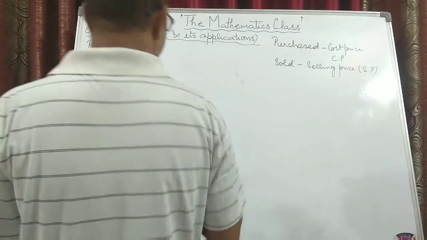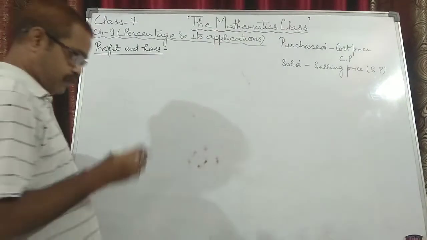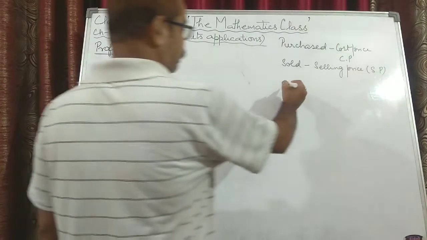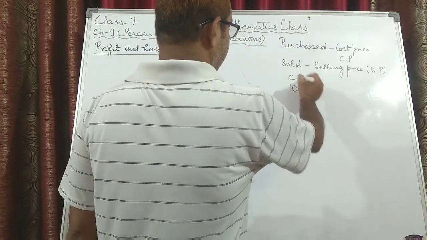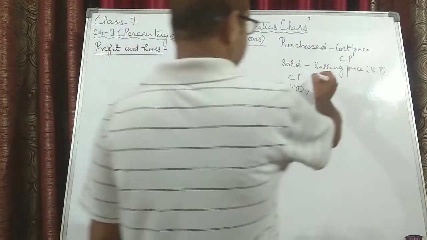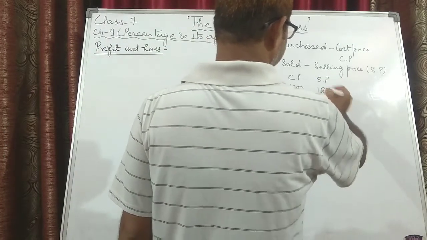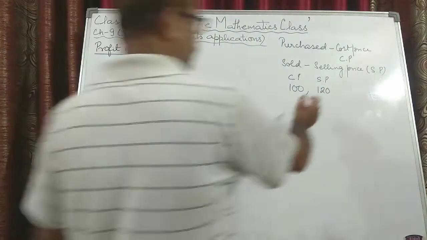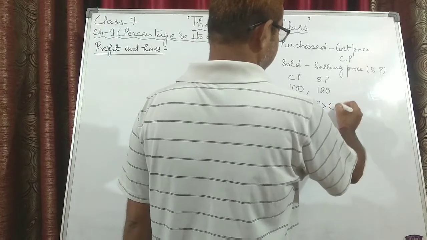So then what is loss and what is profit? Suppose I purchase a pen for rupees 100. This is my CP. And if I sell it for, let's say, rupees 120, that is the SP. So you can see that selling price is greater than cost price.